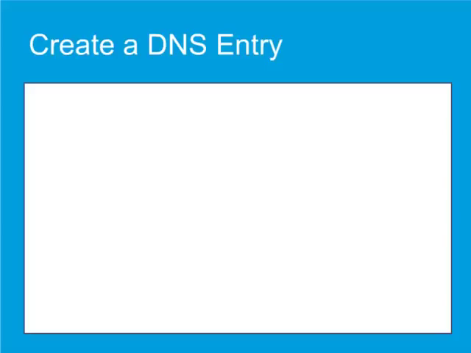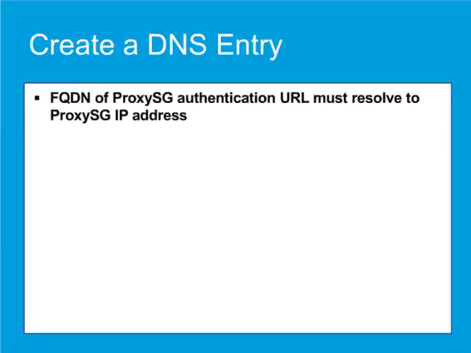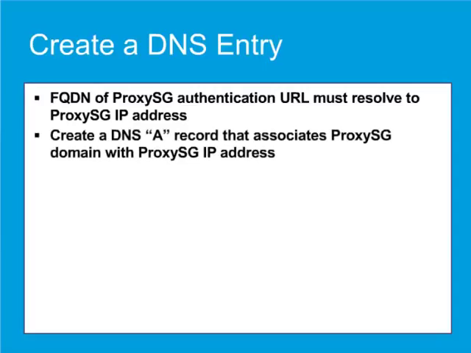For IWA authentication to be successful, your clients must be able to resolve the fully qualified domain name of the ProxySG authentication URL to the IP address of the ProxySG appliance. To do this, create a DNS record that associates the ProxySG authentication domain with the IP address of the ProxySG.